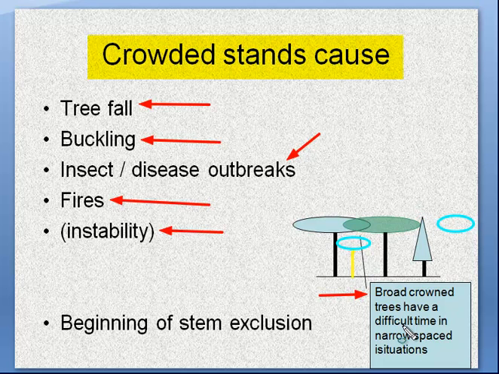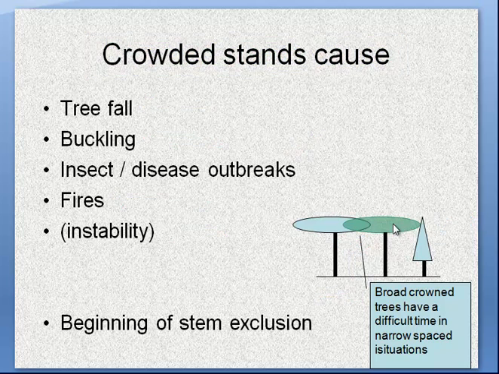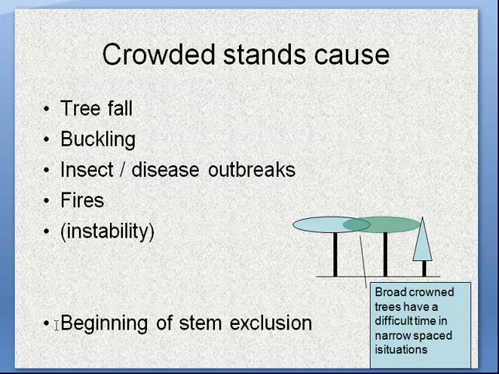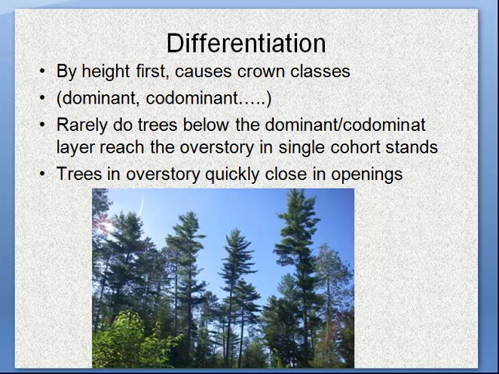So sometimes you will see that these narrow conifers have more opportunity to break through that canopy, but it is generally very difficult for trees in the understory, intermediate stage to become part of the canopy. It is generally not recognized until one of the big boys falls over. So if you go back, the beginning of stem exclusion happens when all these situations occur.